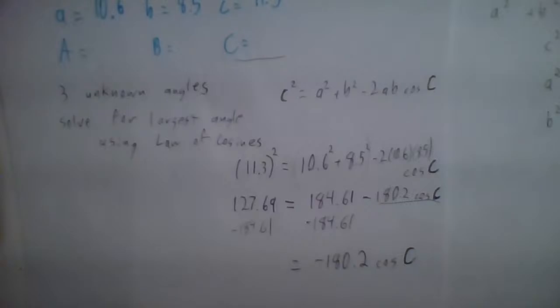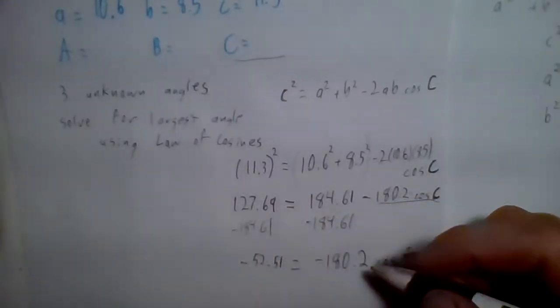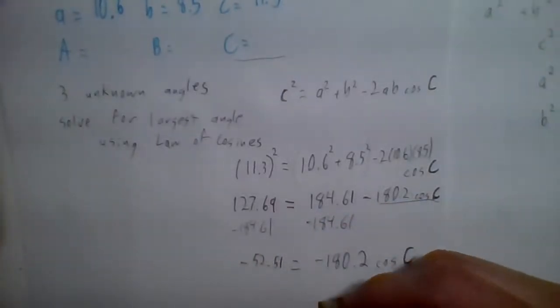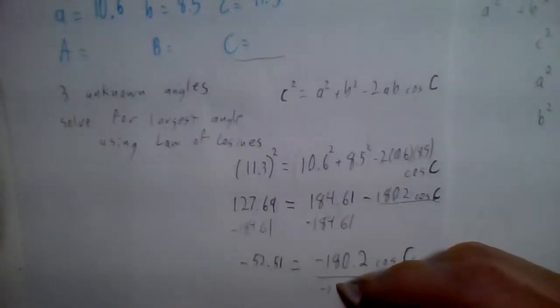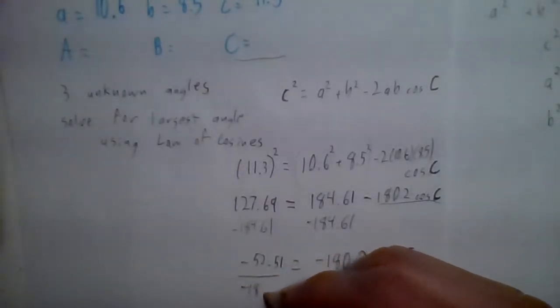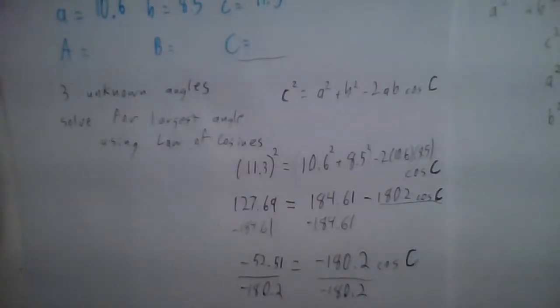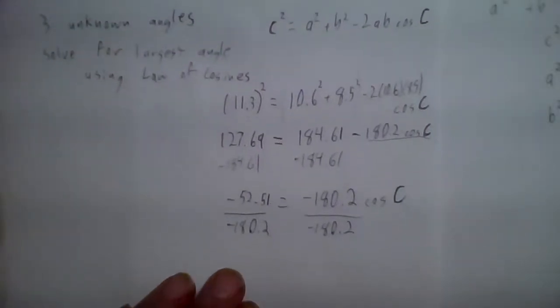127.69 minus 180.2 is going to come out negative. That's okay. I'm going to be doing negative divided by negative to get cosine C. So the next step is division. We're getting a little review of equation solving here, which is good because that's the big focus of the course that we got to get back to.